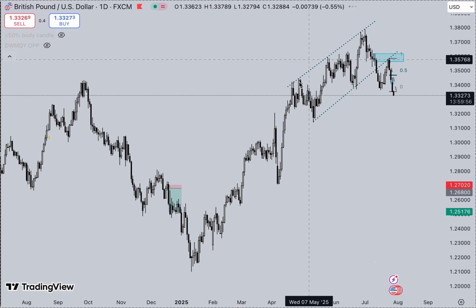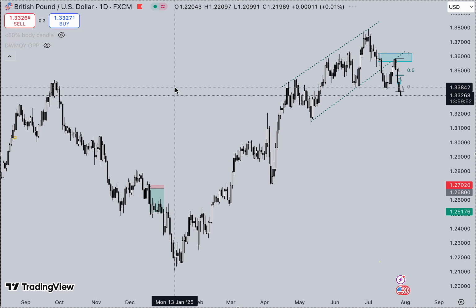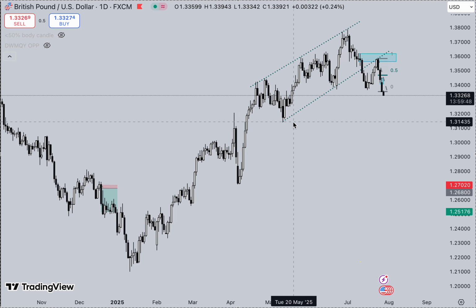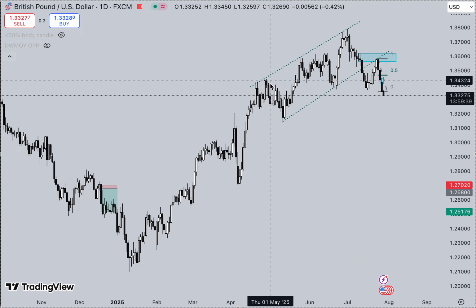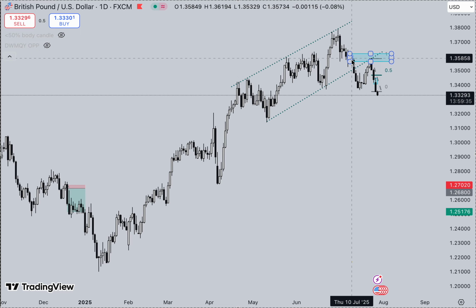Now let's go to GBP/USD. As we see on GBP/USD, market structure wise we're bullish, but we also came into this consolidation, this flag pattern. We touched 1, 2, 3, and on the third touch we broke down. We broke this consolidation pattern and came here to retest.